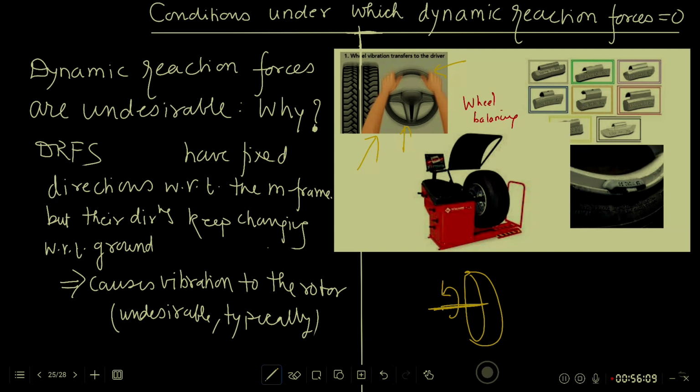You take your car to a garage, workshop, and they do what is called wheel balancing. They will take the wheel of your car out and put it on a machine like this. What does this machine do? This machine suggests that the mechanic needs to put a certain amount of mass, very small, typically small in size, and the machine tells the mechanic that he should fasten that small mass on a particular location on the rim of your wheel.